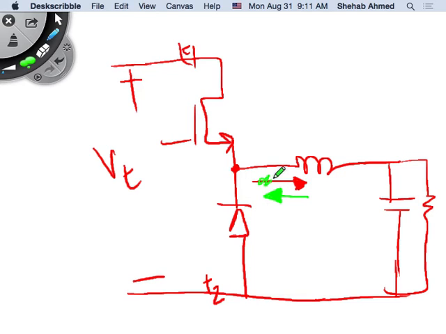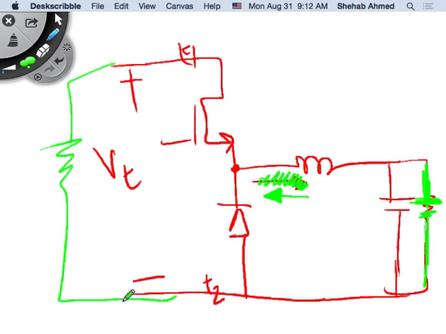If I had an application, for example, what's an example application of that? An example application is something where, let's say, I have a battery here. Instead of just a load, I have a battery here, and I put my load here. Can I use the same configuration of circuit?